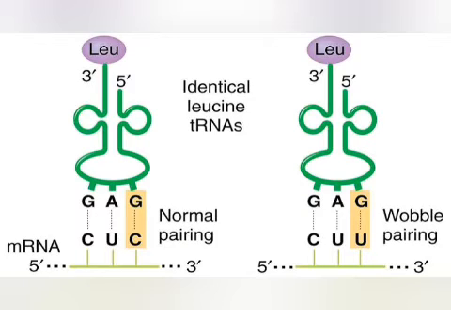That is, one amino acid can be coded by several genetic codes, but one genetic code can only code for a single specific amino acid. So this is unambiguous.